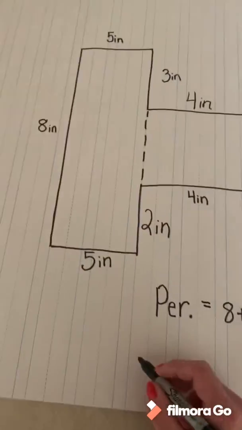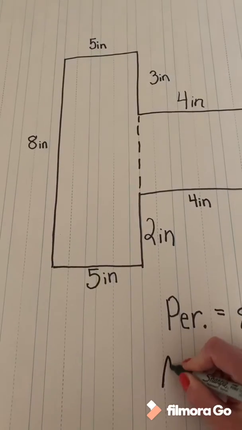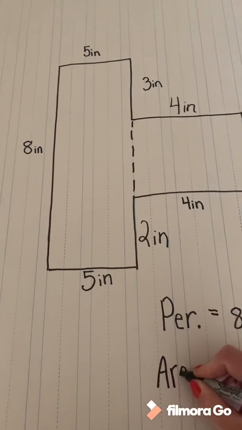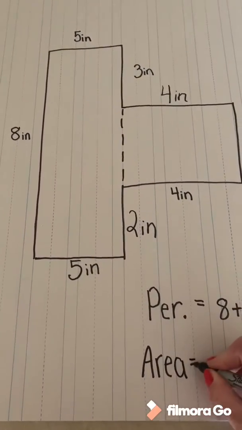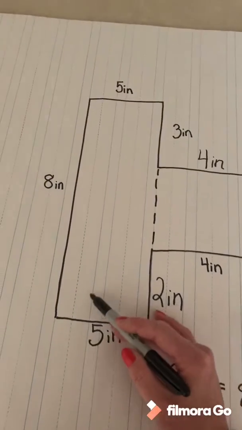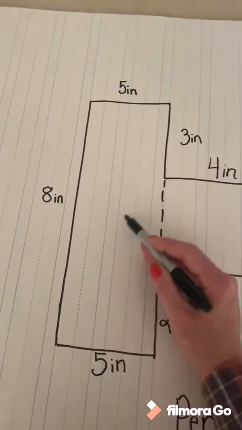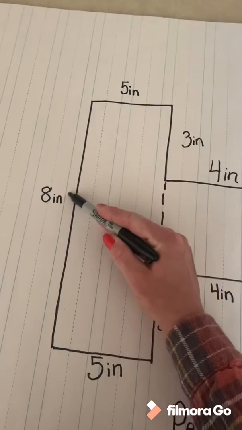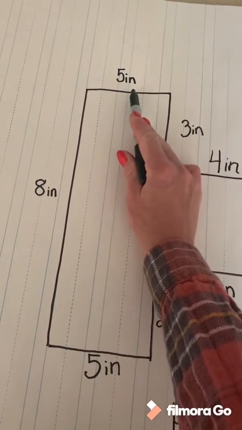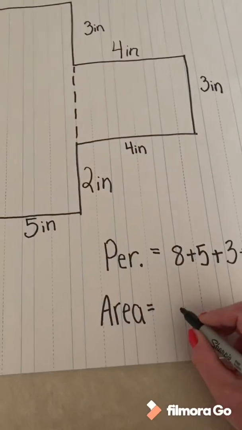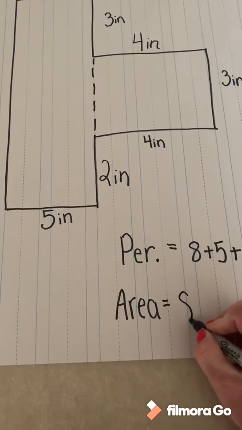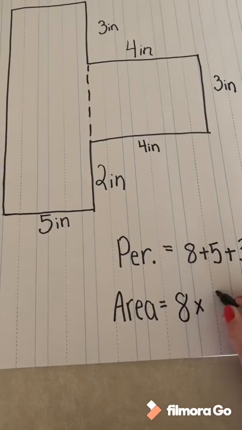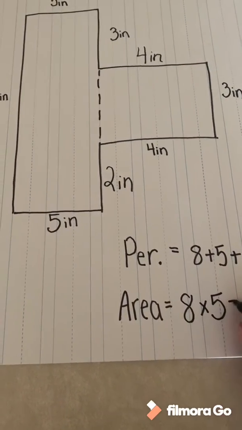Now that brings me back to calculating my area. In this case, I need to calculate the area first of this chunk, which is going to be an 8 by 5 inch rectangle. And remember, area is length times width, so I'm going to go 8 times 5.